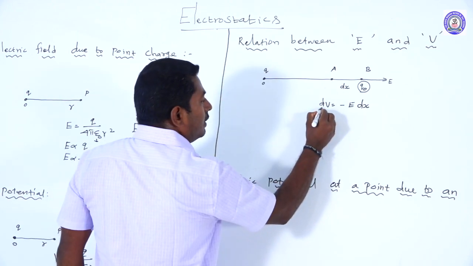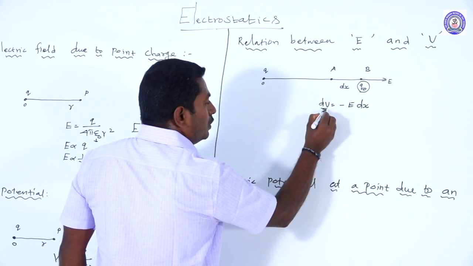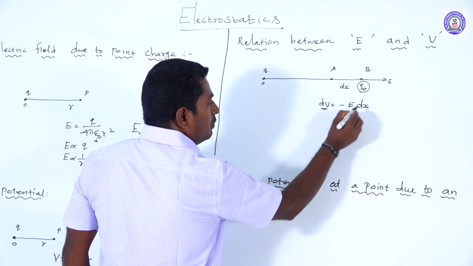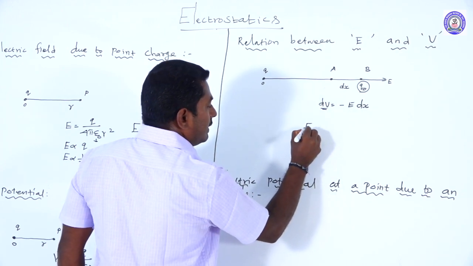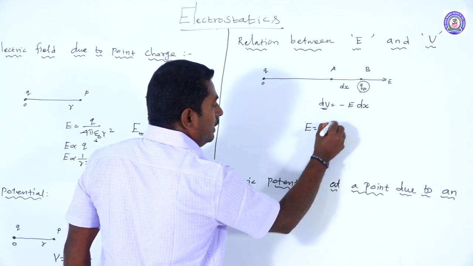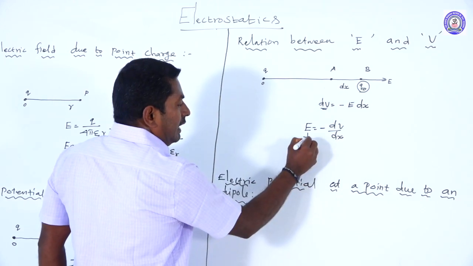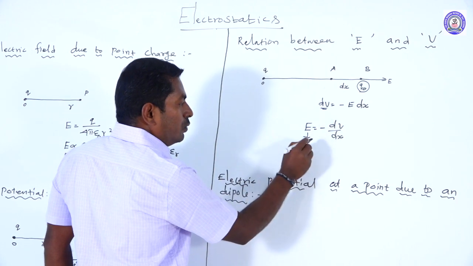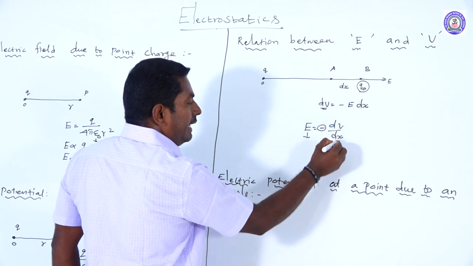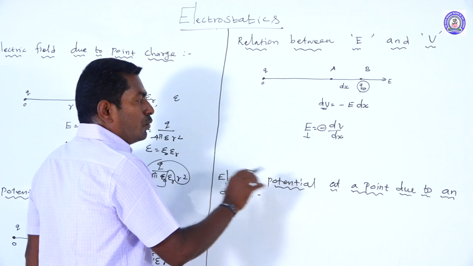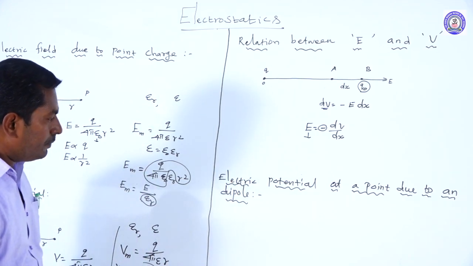The difference in potential is nothing but the amount of work done. dV is equal to minus E dot dx. Then the electric field intensity E is equal to minus dV divided by dx. So electric field intensity is also defined as the negative gradient of potential.